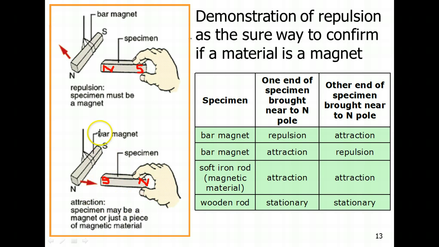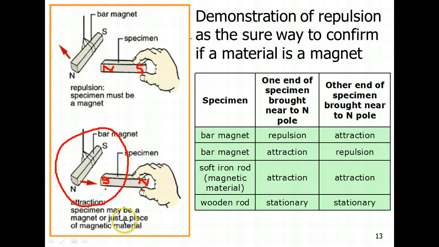Since the specimen is placed near the magnetic field of this permanent bar magnet and is near to the north pole, from our concept of induced magnetism, this end of the specimen will be induced with the south pole and this end will be induced with the north pole, therefore causing a force of attraction again.